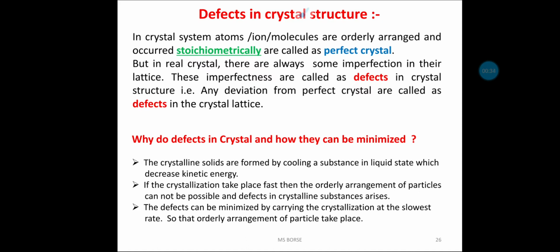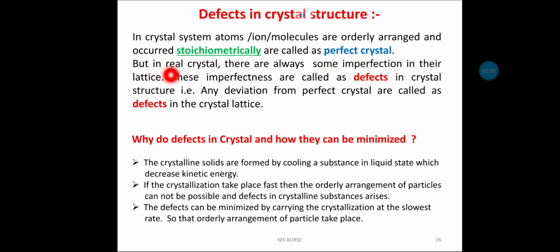So friends, in a crystal system, the lattice points, atoms, ions, molecules are orderly arranged and occupied stoichiometrically, and this is called a perfect crystal.